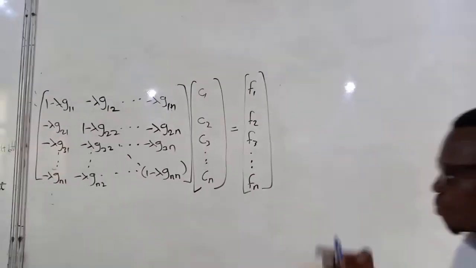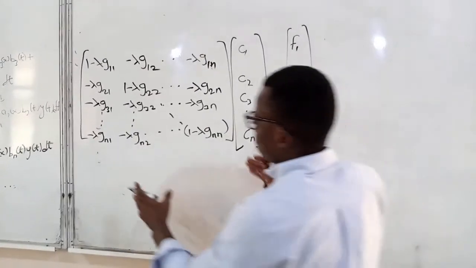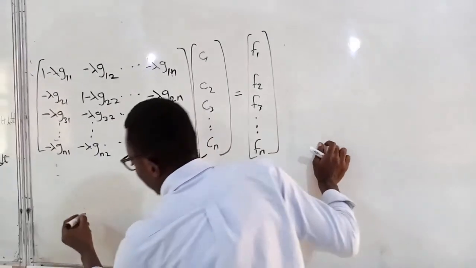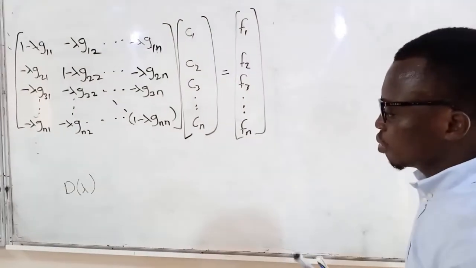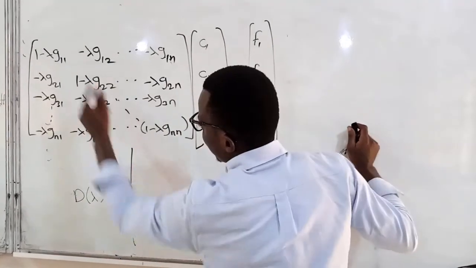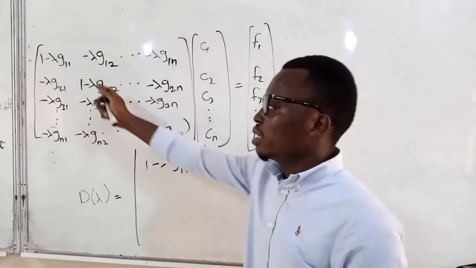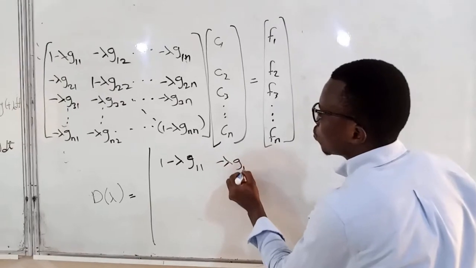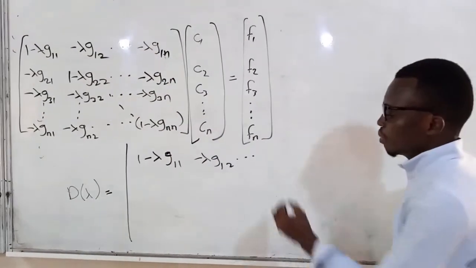So to solve for this system using Cramer's rule, let's find the determinant of this matrix, and let's name this D of lambda. D of lambda is equal to the first entry, 1 minus lambda j11, then minus lambda j12, dot dot dot, then minus lambda j1n.